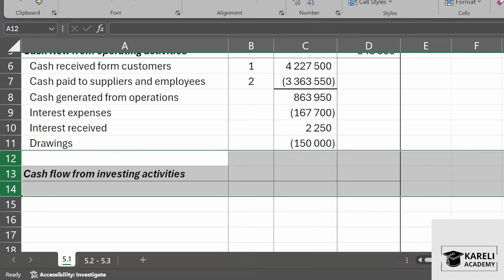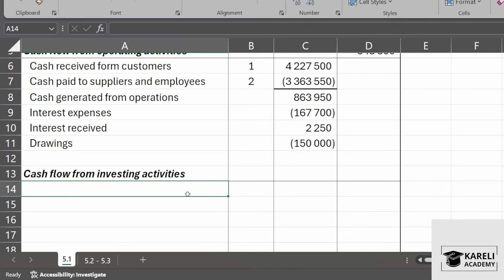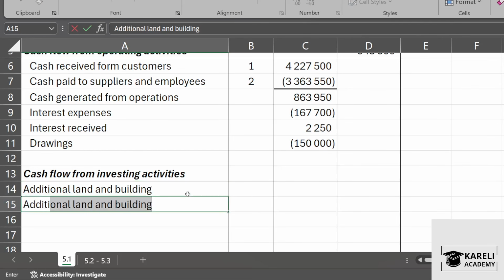We need additional assets, meaning additional land and building, additional equipment, and additional vehicle.